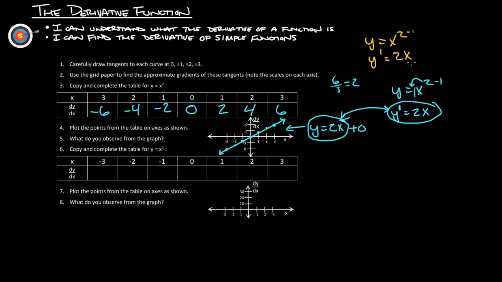So if I plug in negative 3 into that, 2 times negative 3 gives me negative 6. 2 times negative 2 gives me negative 4. 2 times 1 gives me 2. 2 times 3 gives me 6. So the derivative will always tell you, you can plug in whatever x value you want, and it's going to tell you what the slope of the tangent line at that given point is.